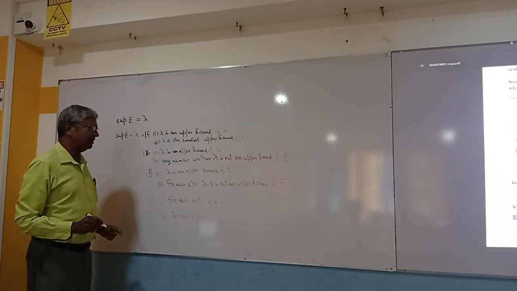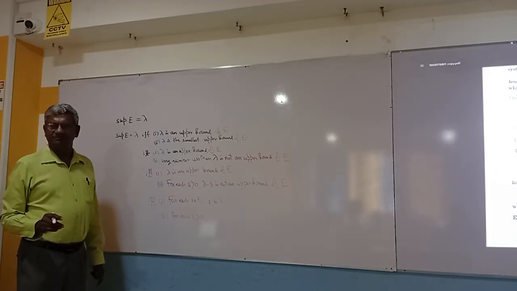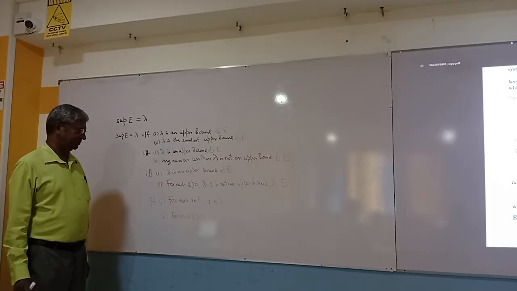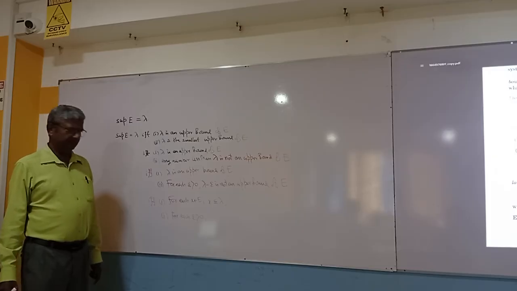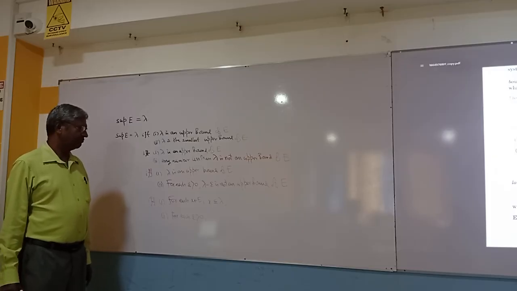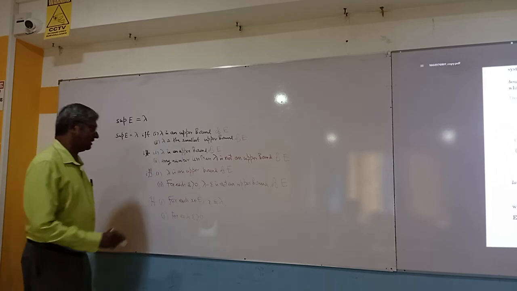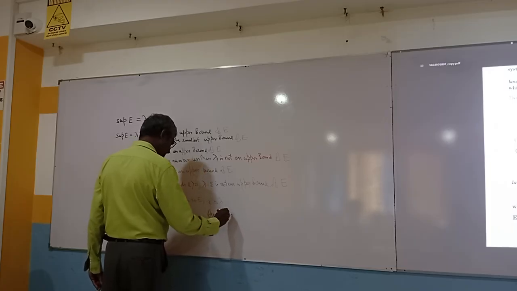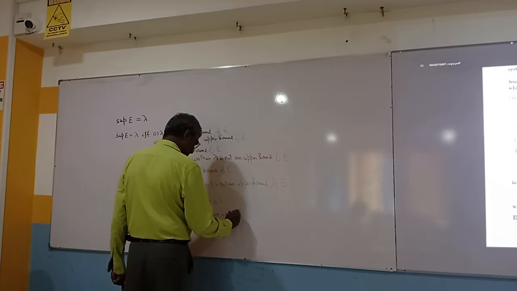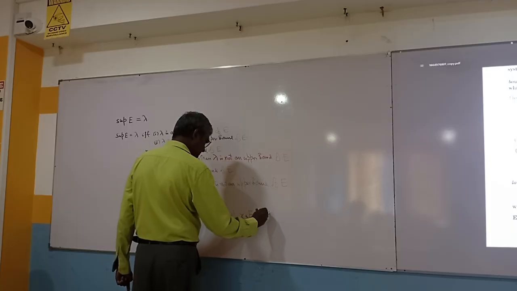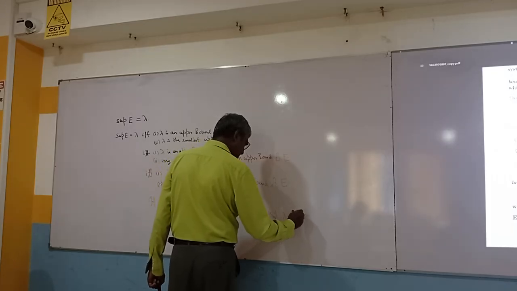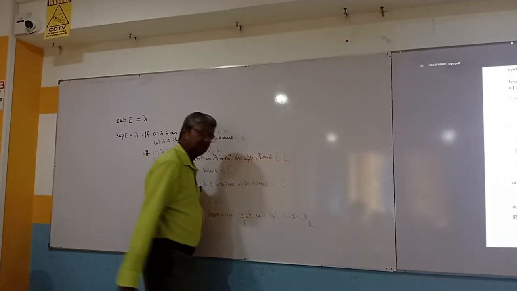Lambda minus epsilon is not an upper bound of E means there exists some x epsilon belongs to E such that lambda minus epsilon is strictly less than x epsilon.